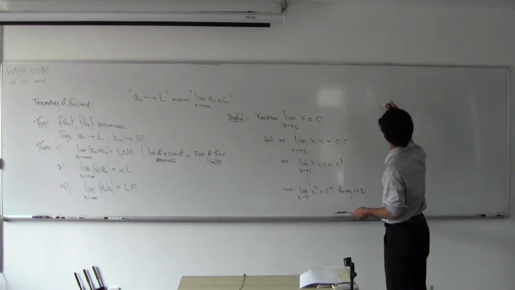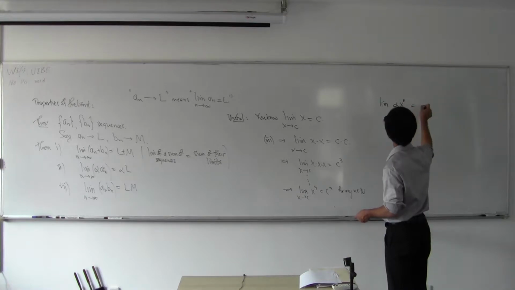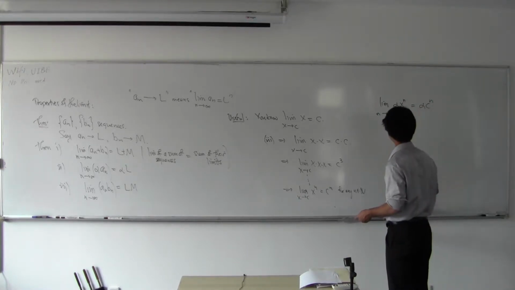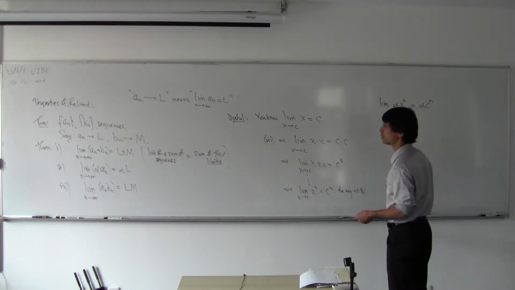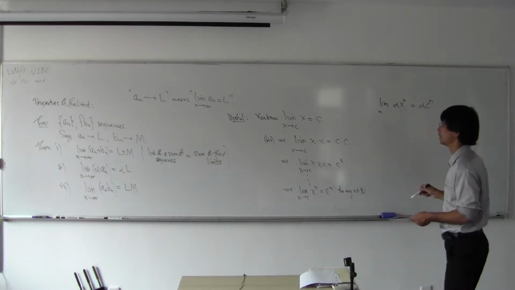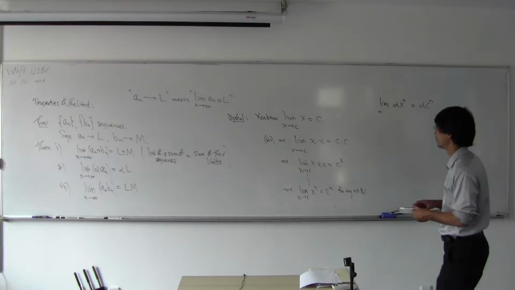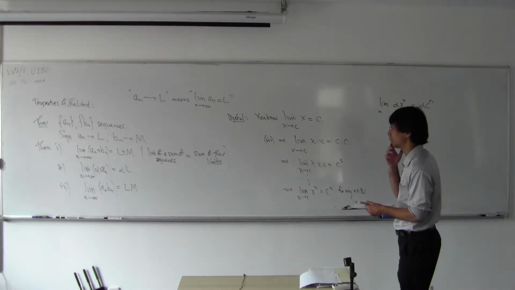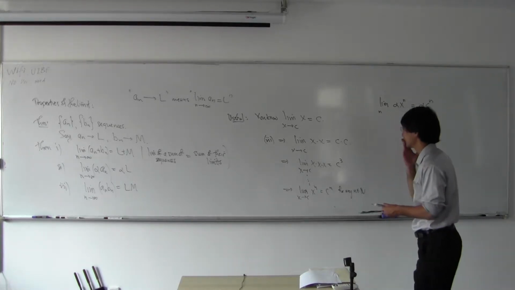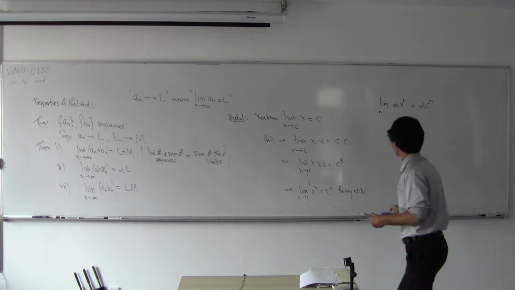Also, if you add these, the limit of, say, alpha x to the n is going to be alpha c to the n as x approaches c. Sorry, I've completely messed up. What am I doing?